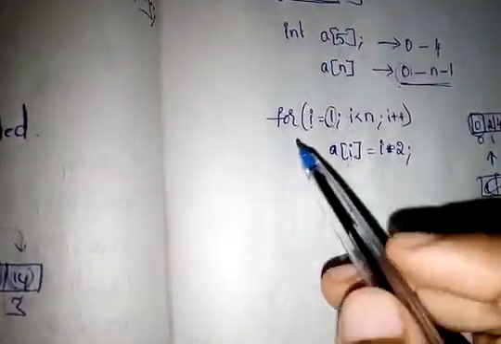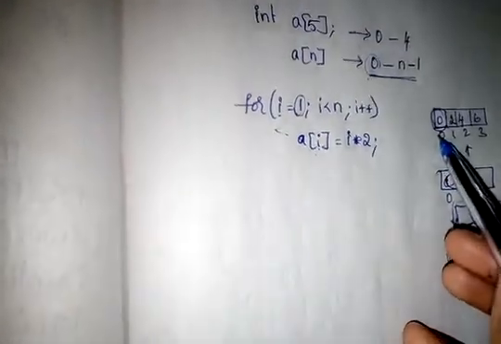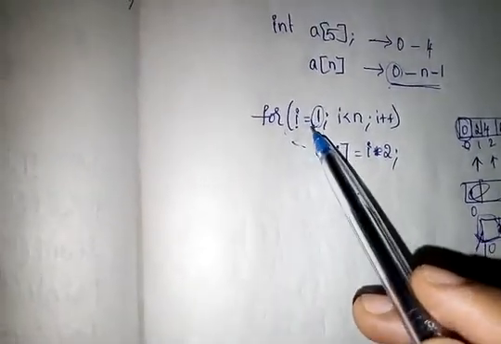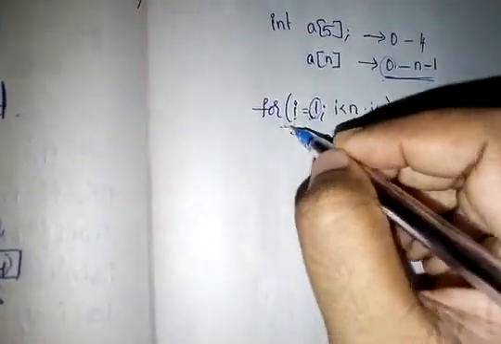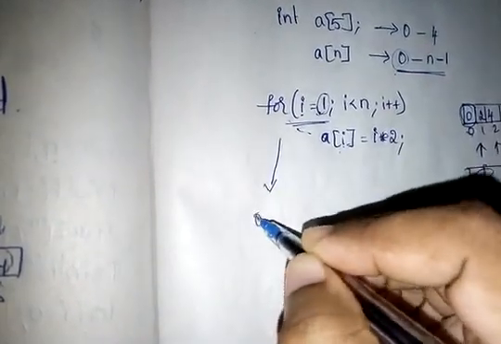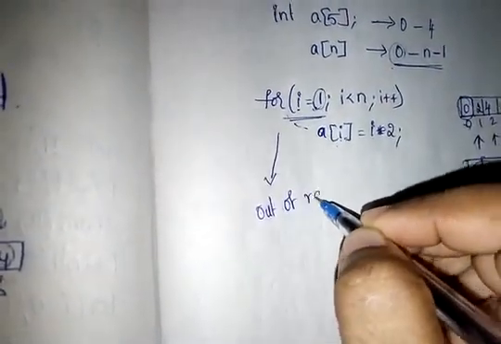So if you do not refer to your element at index 0, then it will be considered as an index error. So this can be considered as an out of range index error.